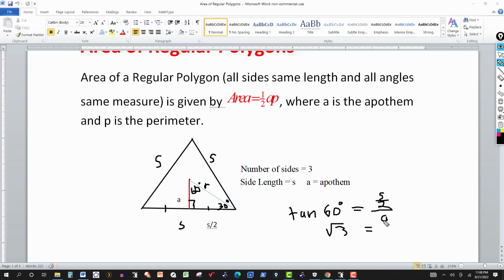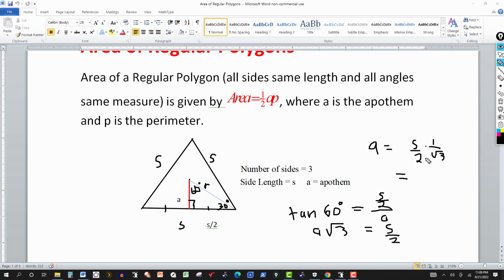I'm going to multiply both sides by A here. So this leaves me on this side S/2. And I want to solve for A, so I'm going to multiply both sides by 1 over the square root of 3. This will give me S/2 times 1 over the square root of 3.